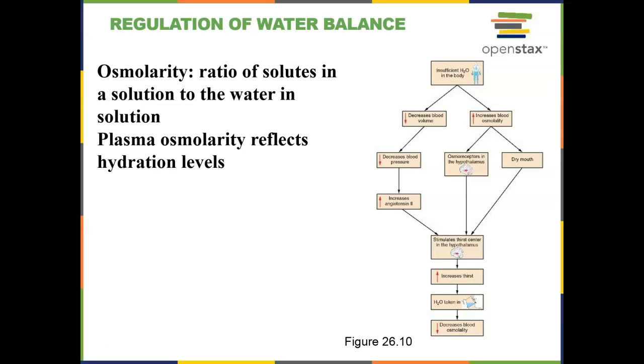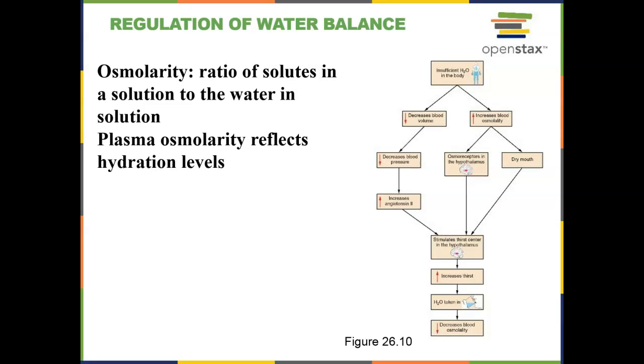So this is going to stimulate our mouth to feel dry, and osmoreceptors in the hypothalamus are going to be stimulated. The stimulation of these osmoreceptors in the hypothalamus, our dry mouth, and the decrease in blood pressure, which will cause us to produce angiotensin II, are all going to stimulate the thirst center of the hypothalamus.